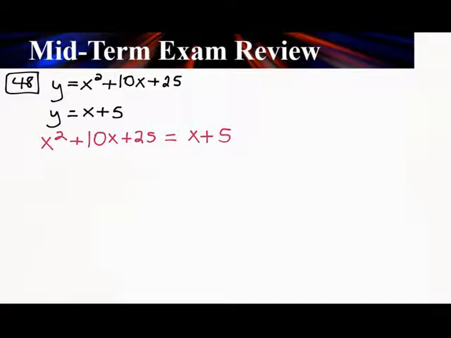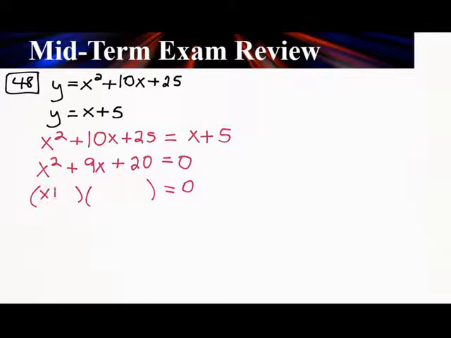Okay, so now all I have to do is make it equal to 0, because I'm going to have to deal with the x squared. I'm going to solve based on the x squared. So if I subtract over the x, I'll have 9x, and if I subtract over the 5, I'll have plus 20 equals 0. Okay, now what I can do is factor.